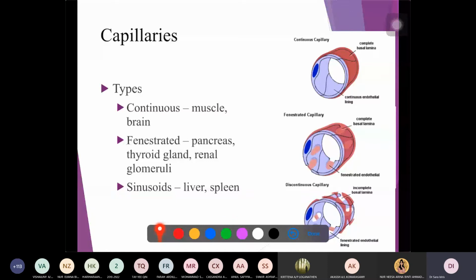This enables the movement of bigger molecules in and out of the capillary. And then you have what are known as sinusoids. In sinusoids, both the endothelial lining and the basal lamina are full of holes. This allows for even bigger movement of molecules across the wall of your capillary. You can find this in hematopoietic organs, in your liver and your spleen. So three types of capillaries: continuous, fenestrated, and sinusoid.